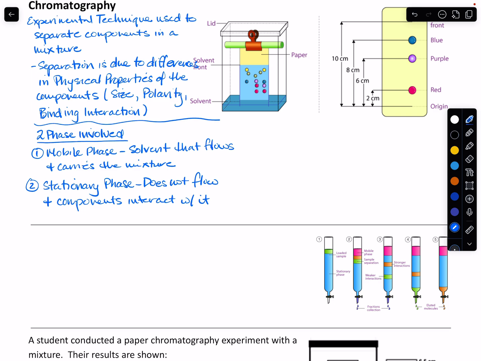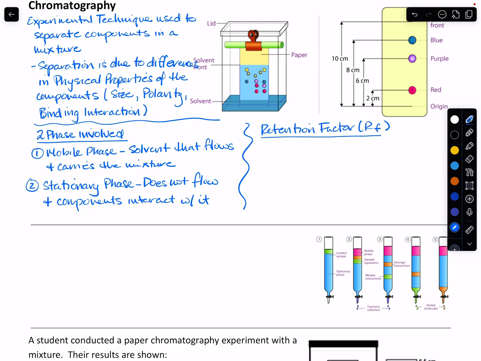All right. So, what information can we get? Well, one of the biggest pieces of information that we can get is called the retention factor, which is sometimes abbreviated capital R, lowercase f. All right.